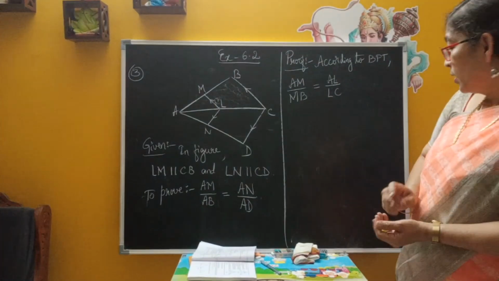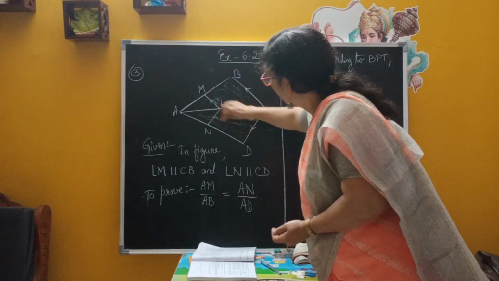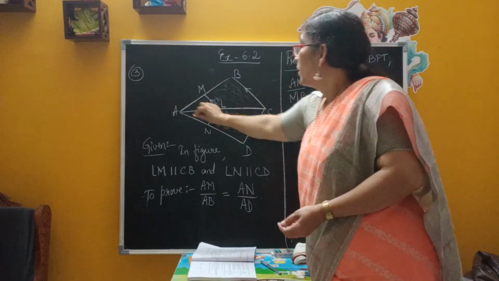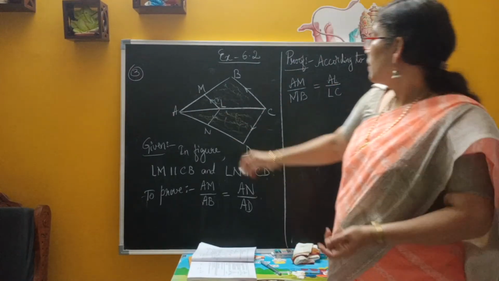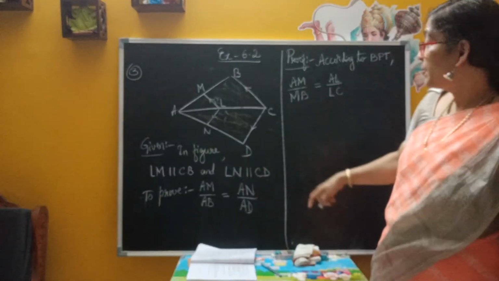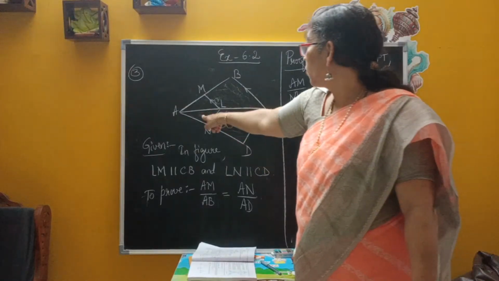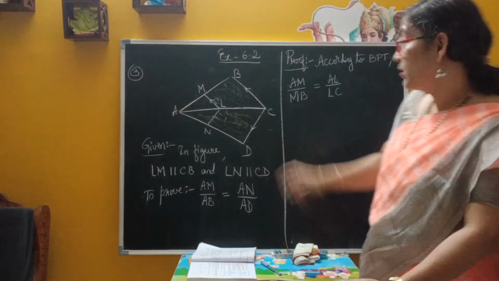Let us take another triangle, the second triangle. In this triangle, which is parallel? LN is parallel to CD. So what do you say about the sides? Here AN by ND is equal to AL by LC.